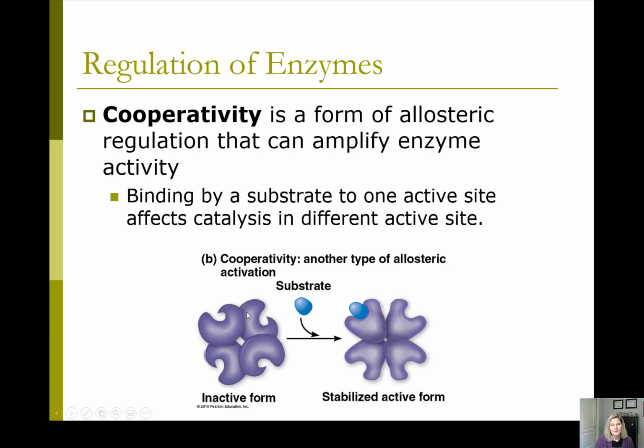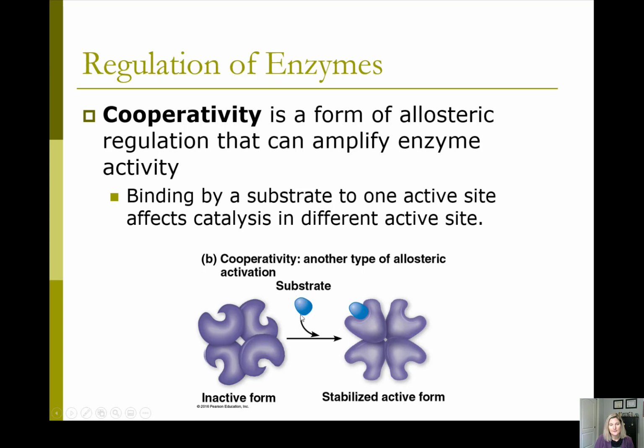So here's our inactive form of our allosteric enzyme. And when a substrate is able to bind to the active site of one part of that allosteric enzyme, it's going to allow the other sites to be stabilized as well.